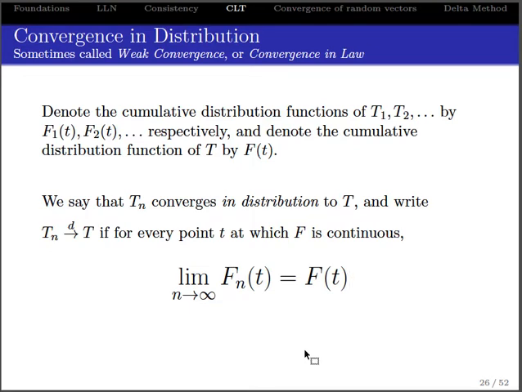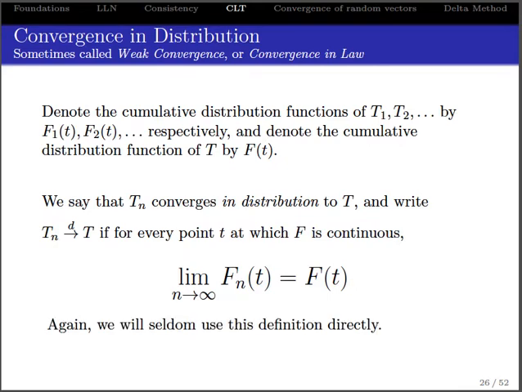So convergence in distribution refers not so much to the convergence of the random variables themselves, but to the convergence of their cumulative distribution functions, and you can disregard any points at which the target is discontinuous. There are a lot of fun homework problems about this in other classes, but not in our class.